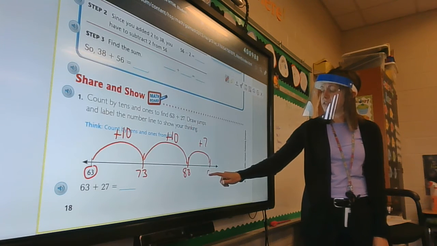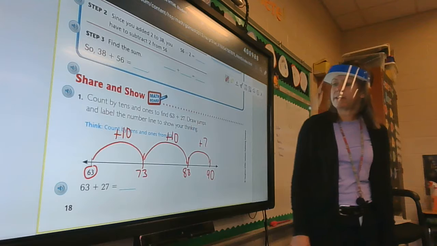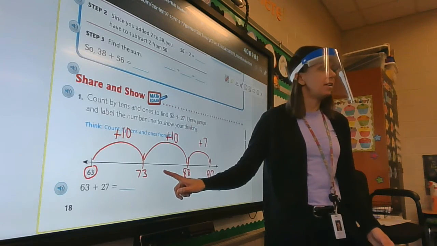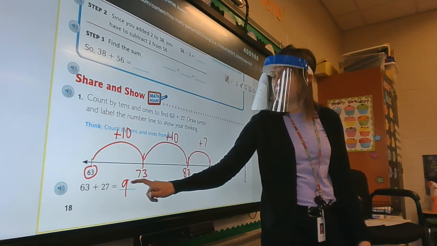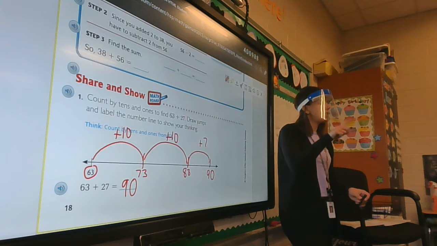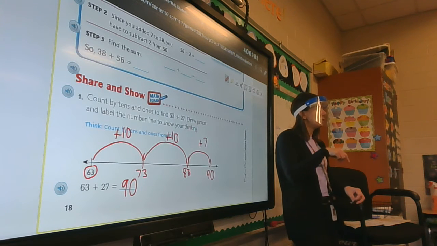You just jumped one too far. So 63 plus 27 is how much, Caitlin? 90. So do you see how using this number line is just another way to jump and count and add numbers?